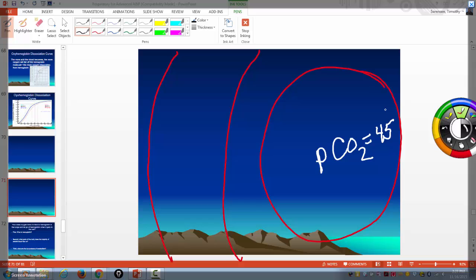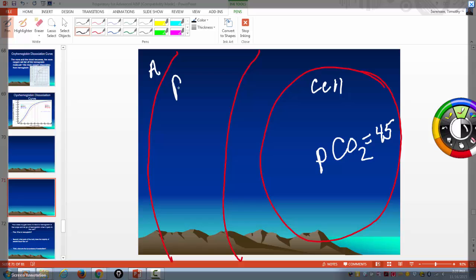So the PCO2 inside a cell is 45 millimeters of mercury. What's the PCO2 of arterial blood? Now think for a minute. Where do you want the CO2 to go? It's a byproduct of metabolism, so you got to get rid of it. So in order for CO2 to move from the cell into the plasma, the PCO2 of the arterial blood has to be lower.